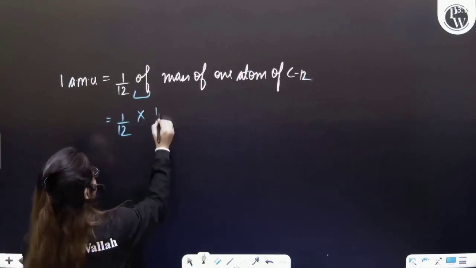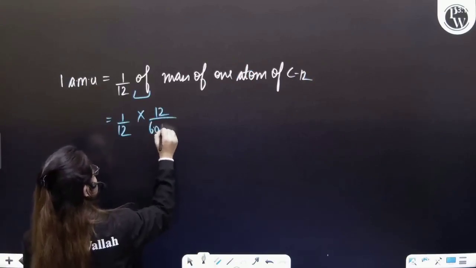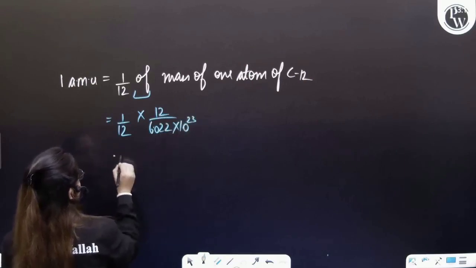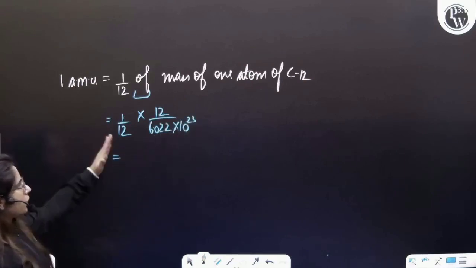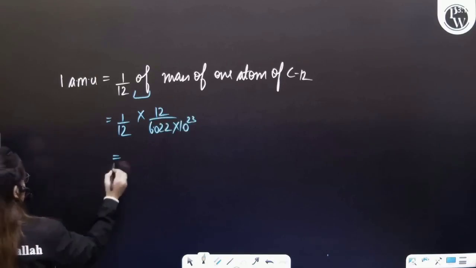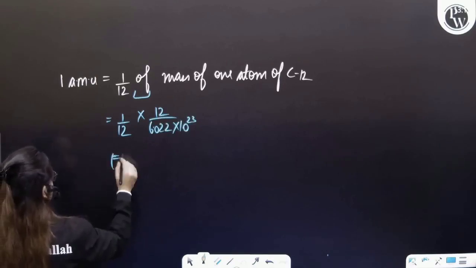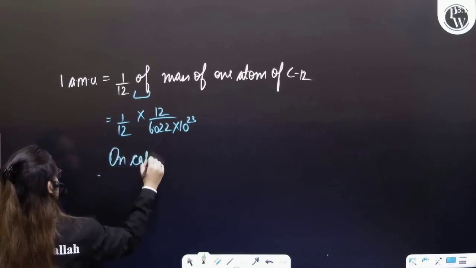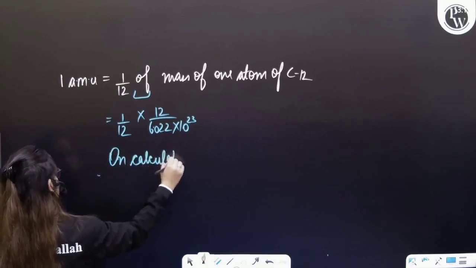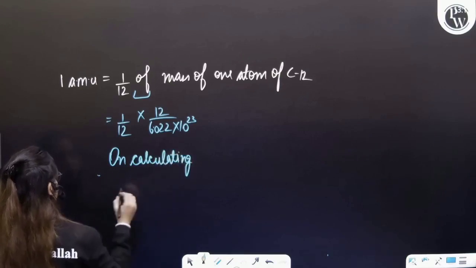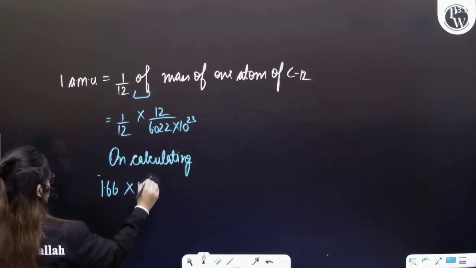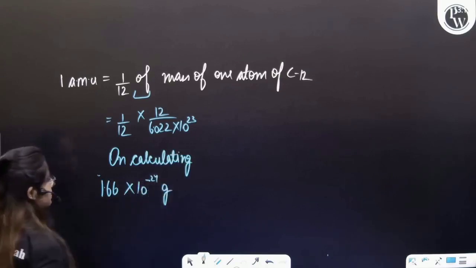And so it will be equal to 1/12 times 12 upon 6.022 into 10 raised to the power 23. So this is equal to 1 AMU, right? So on calculating, it will be equal to 1.66 into 10 raised to the power minus 24 grams, right?